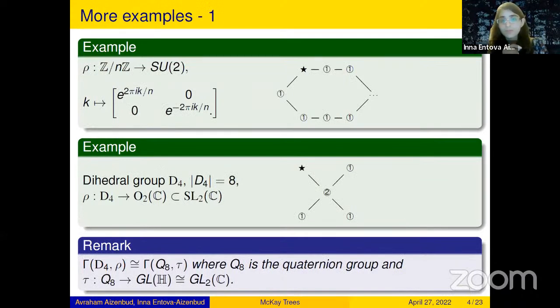So here are some more examples. If we take the 2-dimensional representation of the cyclic group, which is the direct sum of an irreducible representation with its dual, then our McKay graph will be a union of 2 graphs put one on top of the other.